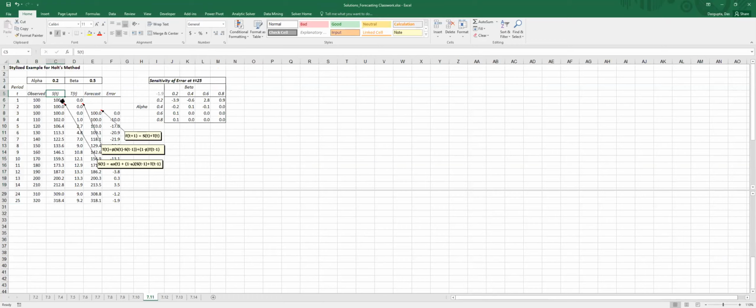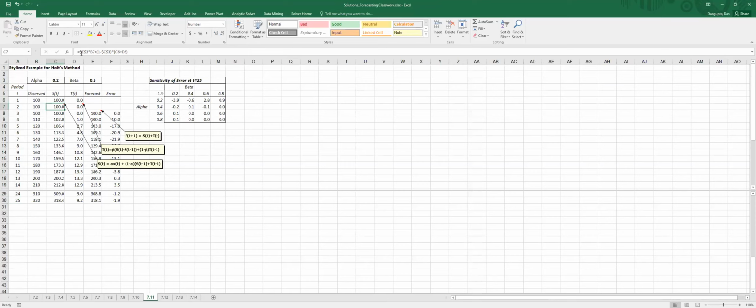And then ST, which initializes at the first number, 100. The second one is the formula that you just saw: ST equals alpha times XT plus 1 minus alpha times ST minus 1 plus TT minus 1, which is exactly what we're doing here.